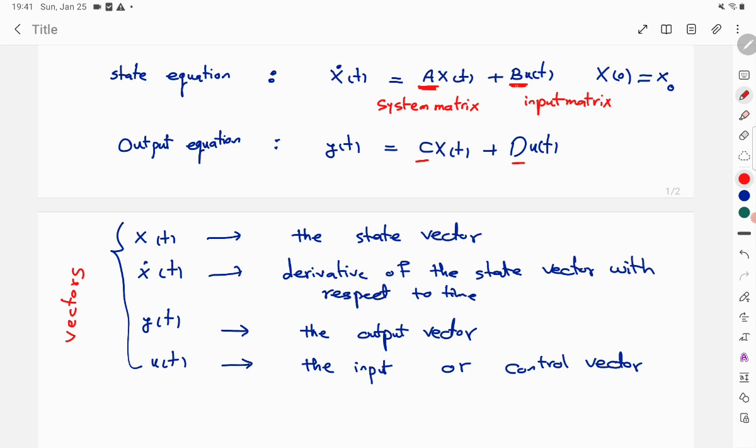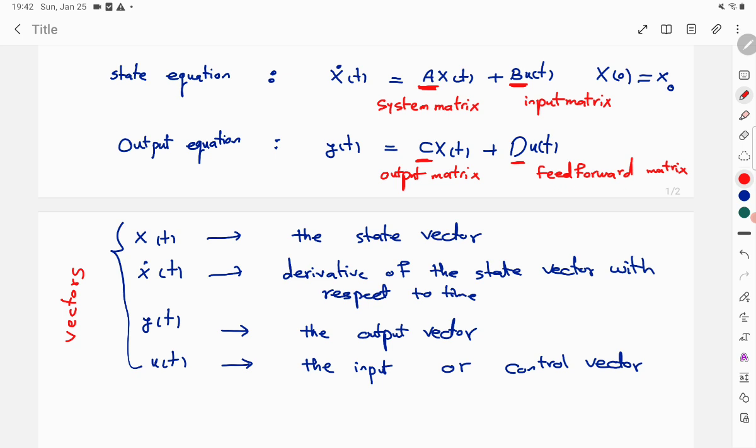C is the output matrix, which relates the output equation to the state of the system. And D is the feed forward matrix, which relates the output of the system to the input of the system.